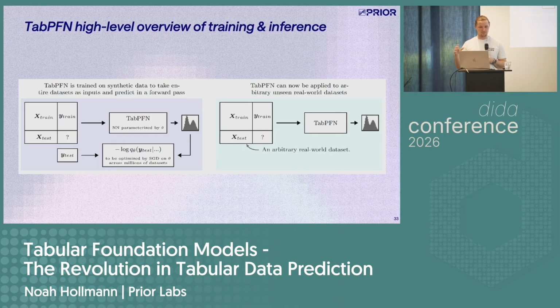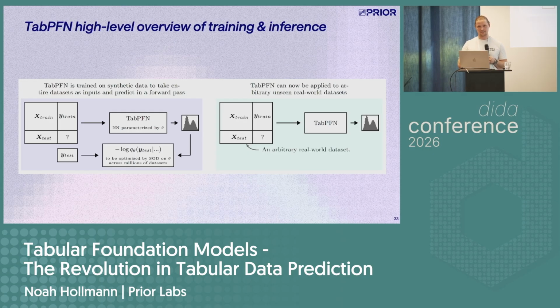So we have on the left-hand side here the pre-training phase where our many synthetic tasks go into. The synthetic tasks go into the architecture that we just saw, and our model is trained to solve each task, each dataset, in the right way. And if we do that for hundreds of millions of datasets, then we get a pre-trained model, and this pre-trained model can then be used without any further training.